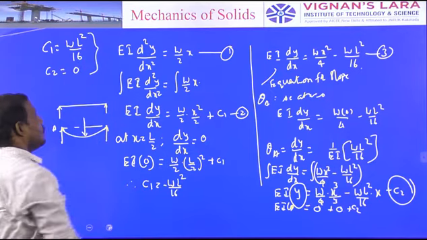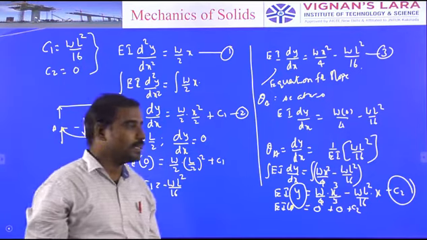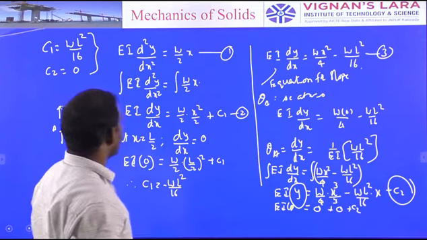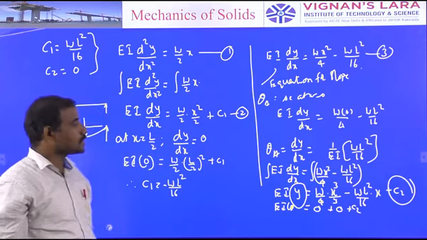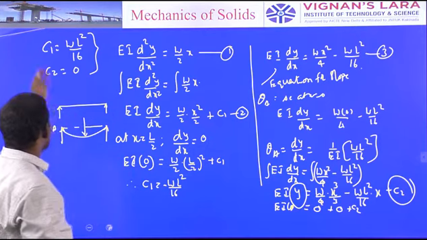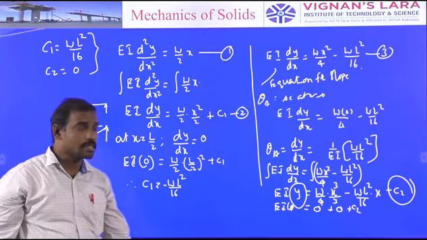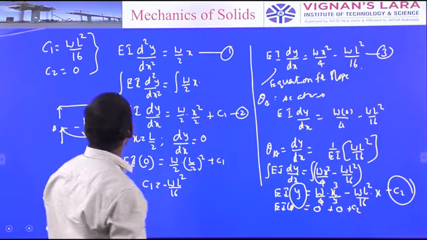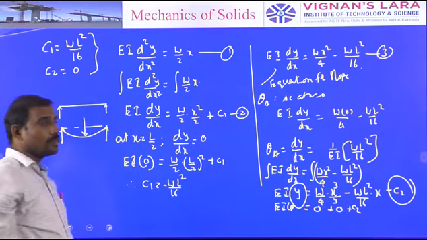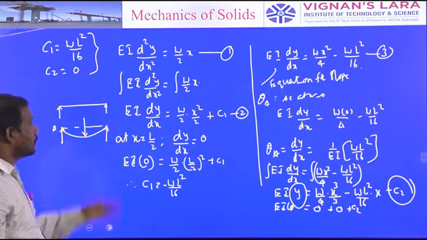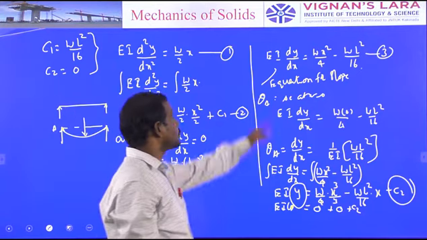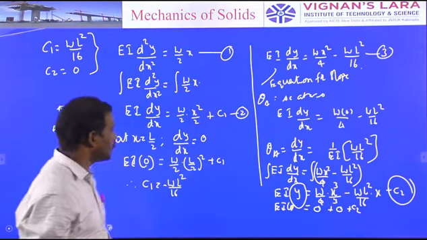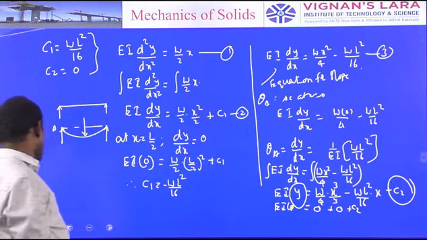It means by imposing the boundary conditions, we find out the constants of integration, C1 and C2, as wL square by 16 for C1 and 0 for C2. So this is the procedure to find out the slope and deflection by using the double integration method.